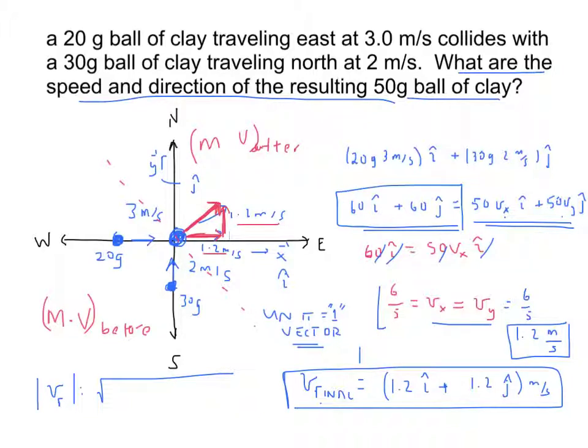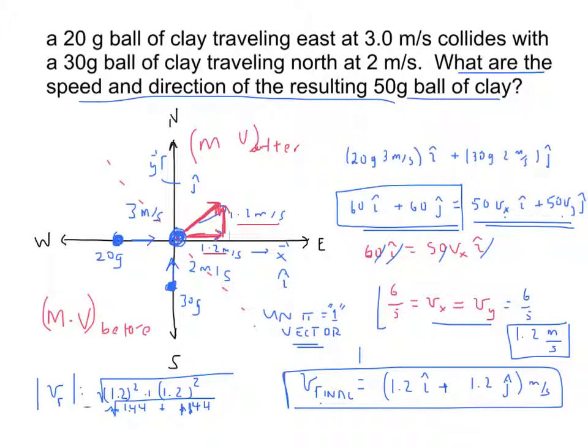To find that, we take the square root of 1.2 squared plus 1.2 squared. Oh no, 1.2 squared is 1.44, so 1.44 plus 1.44 is 2.88.